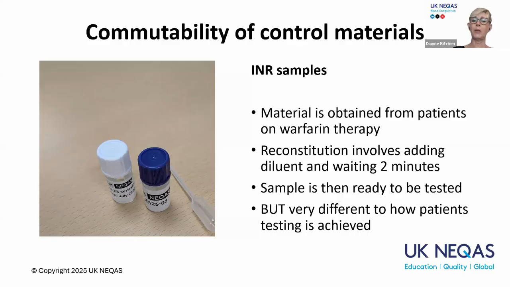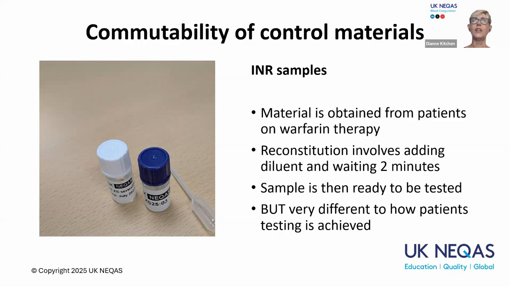So I mentioned commutability, and we are aware that our samples are very different from how you obtain a finger stick. And I mentioned earlier that we need to be sure that everybody's competent and fully trained in achieving that sample. So this is what our samples look like. We have 2 vials and a little disposable pipette.